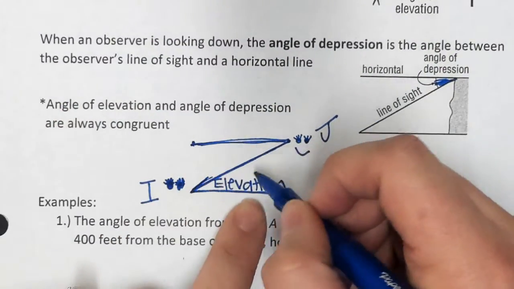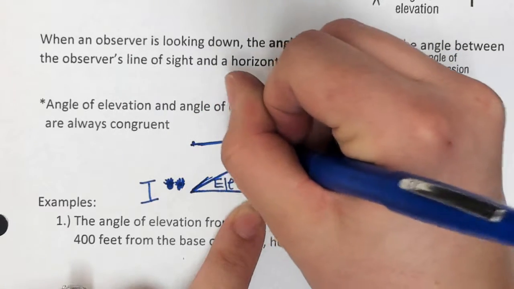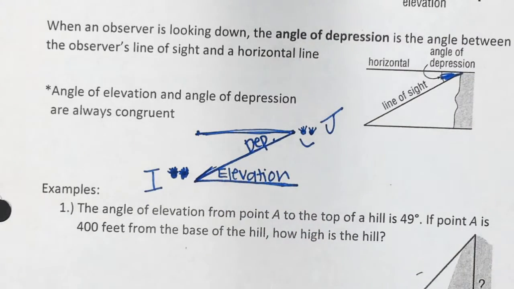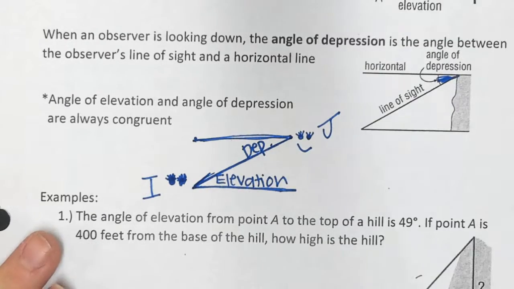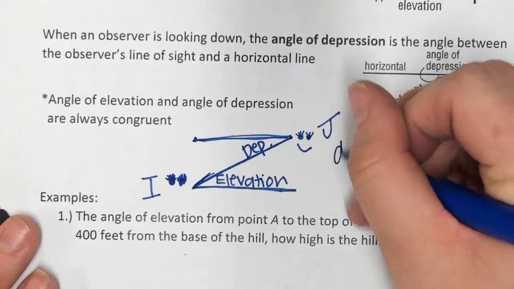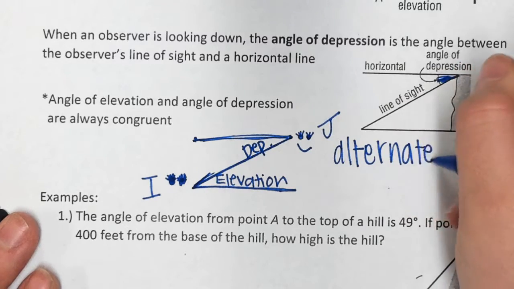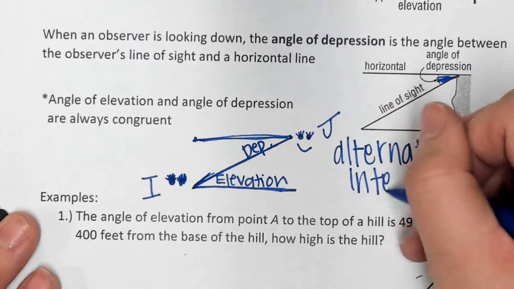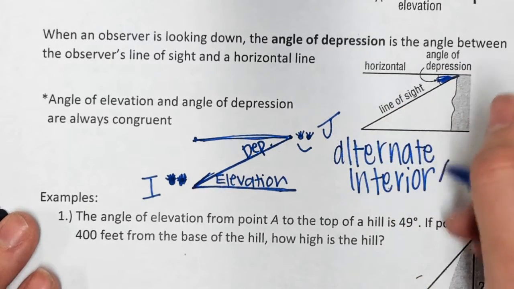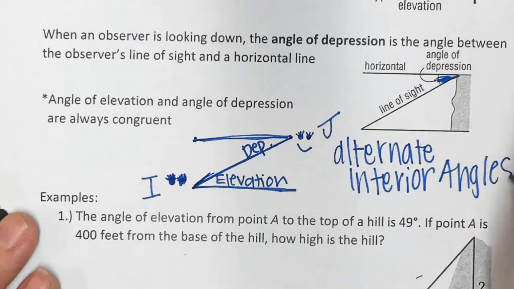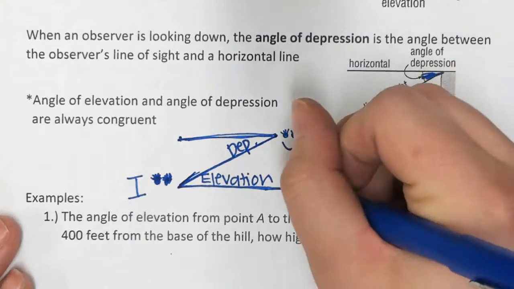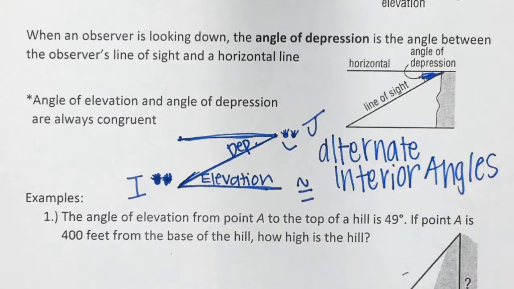Julia's eyeballs are looking down, so right here is the angle of depression. These are alternate interior angles, so they are congruent.